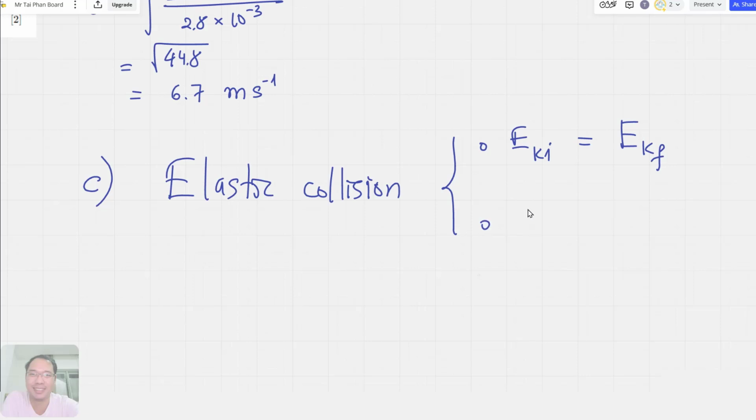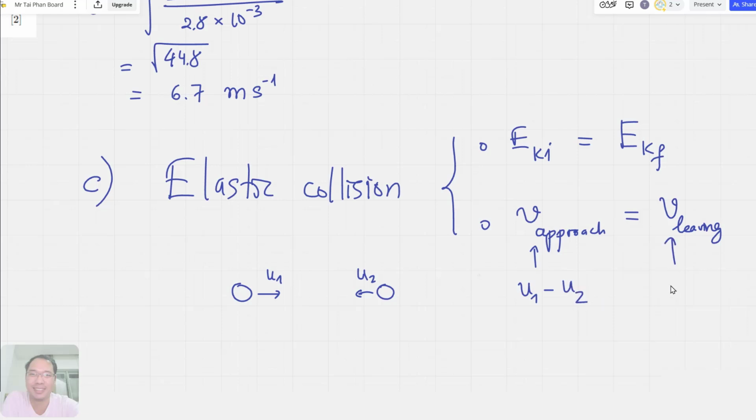The second definition is that the velocity of approach is equal to the velocity of leaving. If there are two objects, like a ball moving toward another ball, with U1 and U2, the velocity of approach is U1 minus U2, but the velocity of leaving is V2 minus V1, so you switch the order of the two terms.